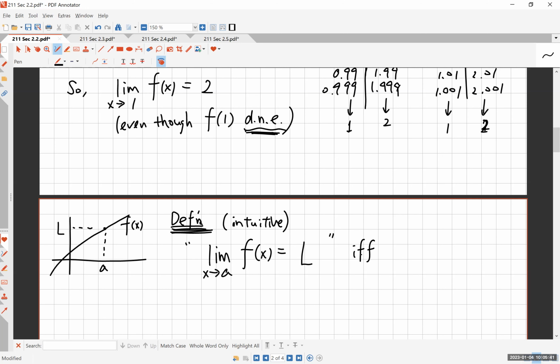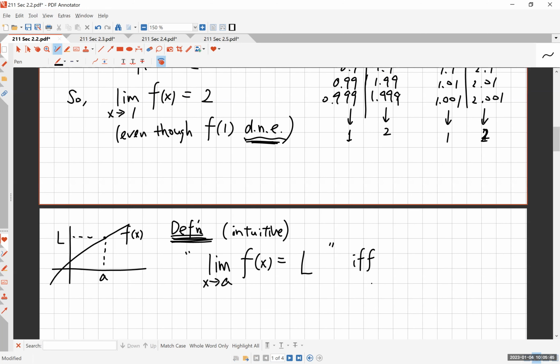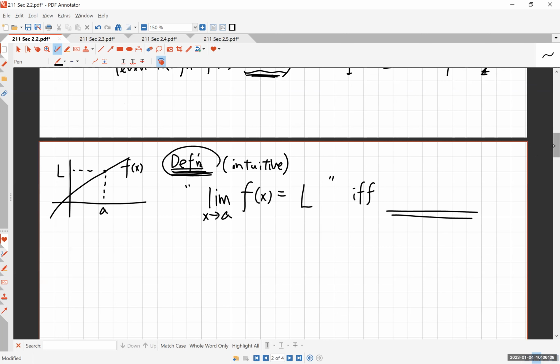Now, in most mathematical definitions, you have the phrase if and only if, because we want to say that if this part is satisfied, then the limit is L, and if the limit is L, then this is going to be satisfied. Because we are trying to define something, it has to go both directions, logically speaking. So in most mathematical definitions, you will see or hear me say if and only if.